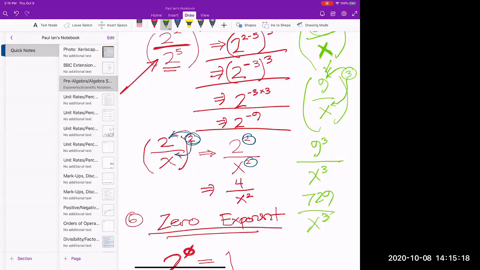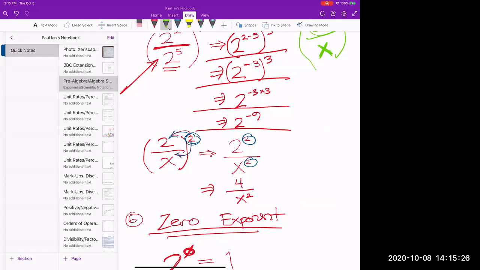Okay. Let's try another one. So what if you had 2x, and then you had 3 squared, and then you had this as squared? What do you do with that one?